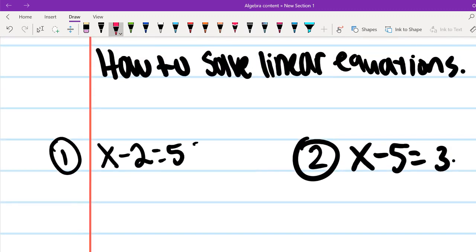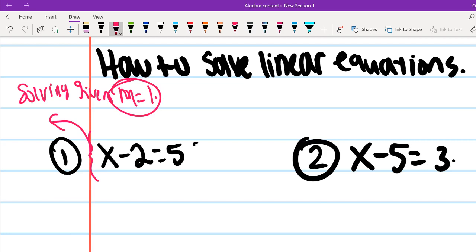So this part is solving given m equals 1, where your slope is 1. So an m is the slope.